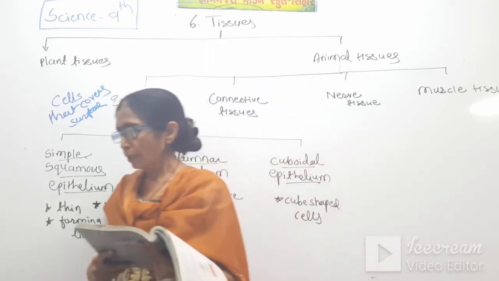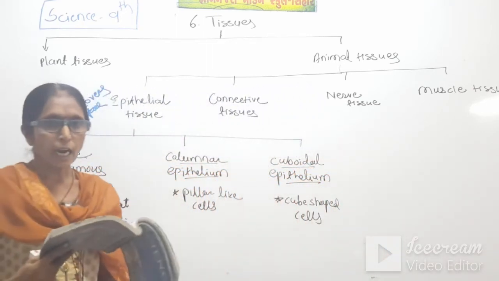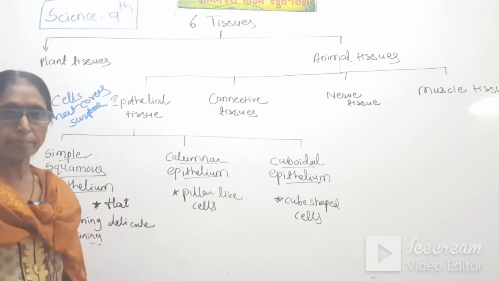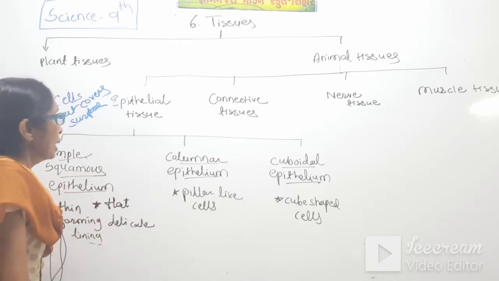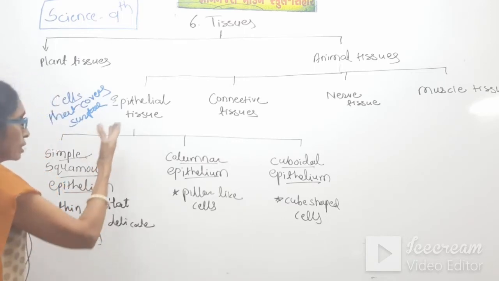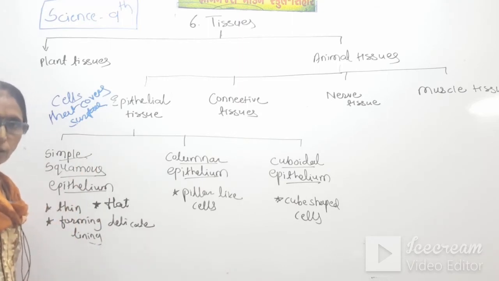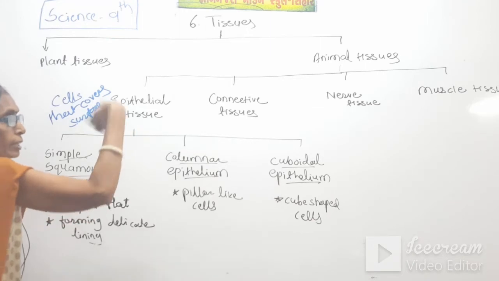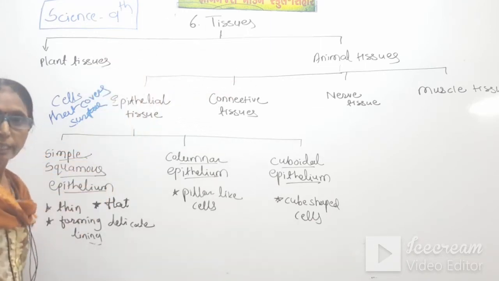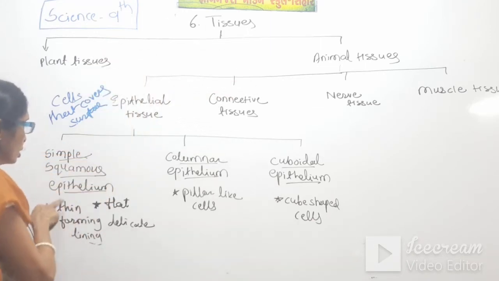So we will go into detail about these types of epithelial tissues. These epithelial tissues cover the surface of the body. After that we will discuss the other types of animal tissues.